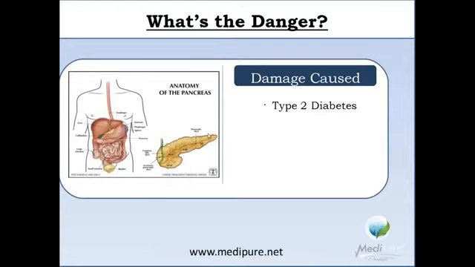Further studies out in Europe have shown that when they've been able to successfully remove excess pancreatic or visceral fat, so the fat surrounding the pancreas, type 2 diabetes has been reversed altogether.